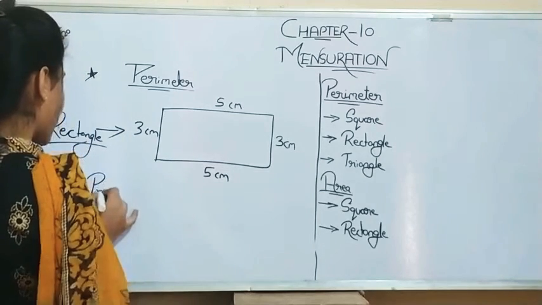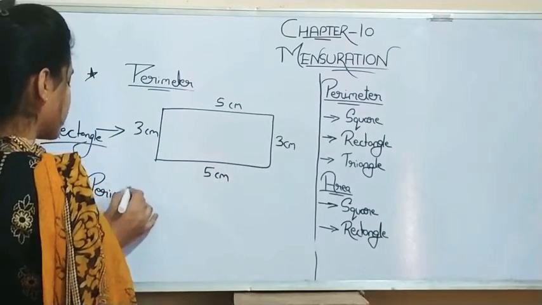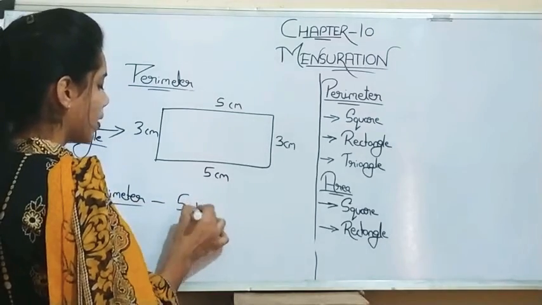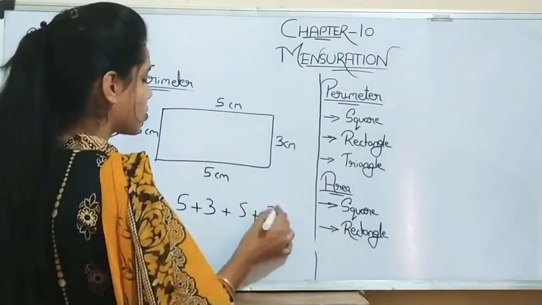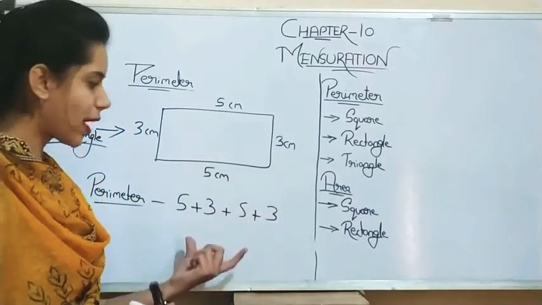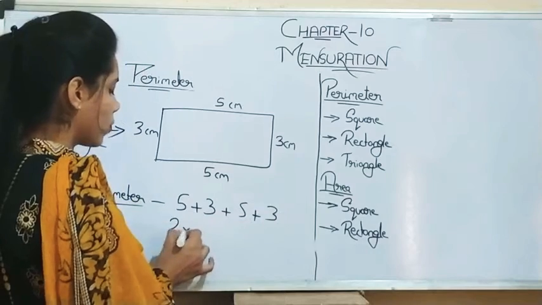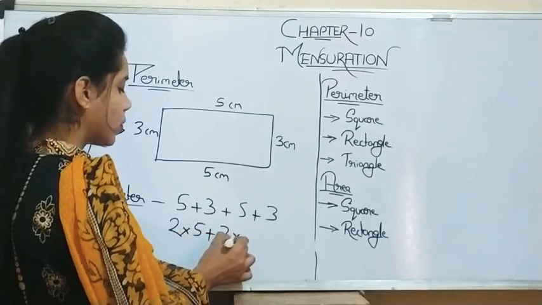So what will be the perimeter of the rectangle? This will be 5 plus 3 plus 5 plus 3. So 2 times 5 and 2 times 3, means 2 into 5 plus 2 into 3.